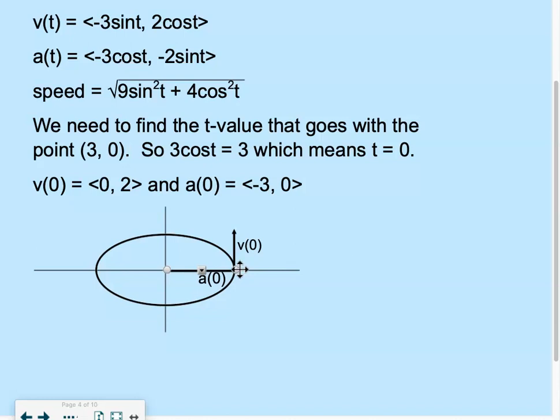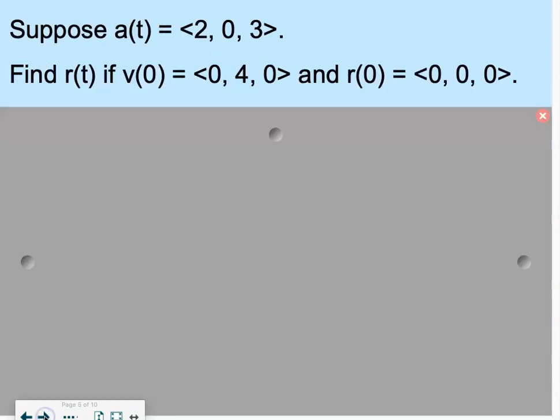Just so you know, velocity you don't really have to think about too much, because velocity is the same as r prime, and r prime is the same as your tangent vector. So velocity should look just like the tangent vector, right? Acceleration should be in the same direction as the normal vector, so acceleration usually points into the curve. All right, that was a lot on that one.